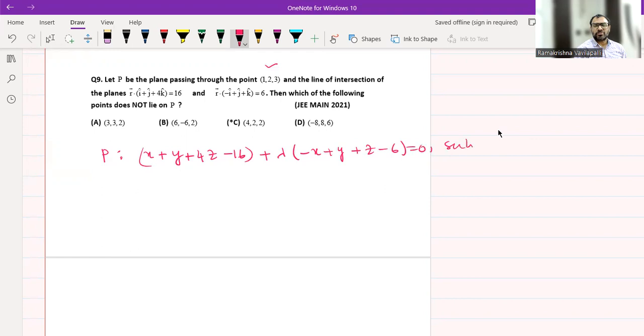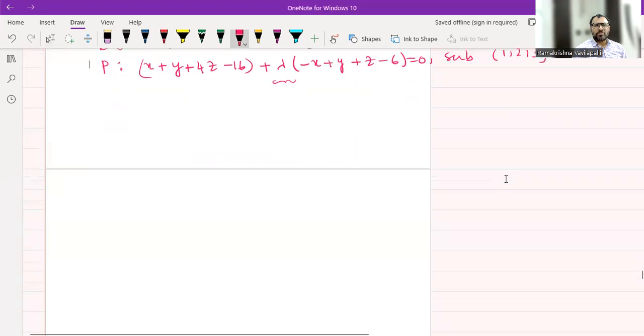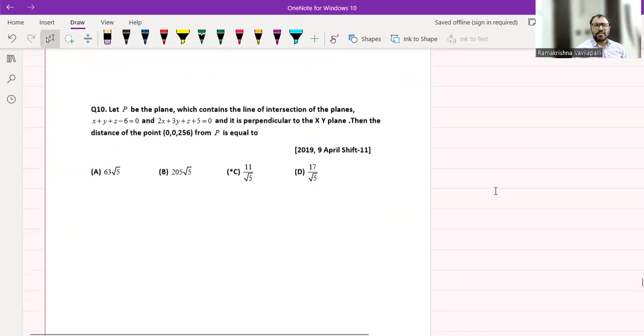It passes through 1, 2, 3, so substitute 1, 2, 3. You will get the value of lambda, and after that verify these points in the plane. That's it, same model. Another question: see here, P is the plane that contains the line of intersection of these two planes. So I'll write here the equation of the plane.